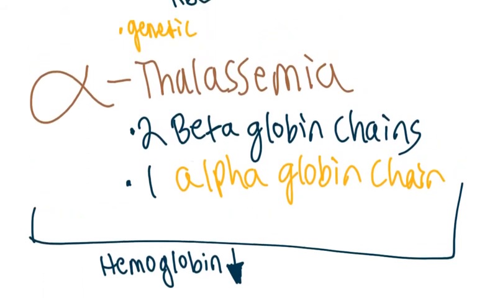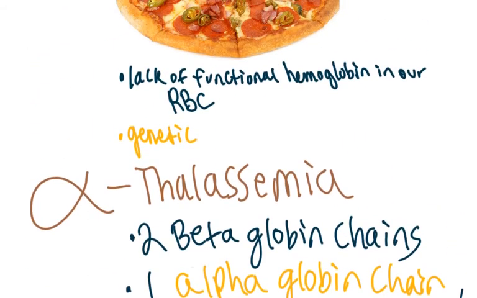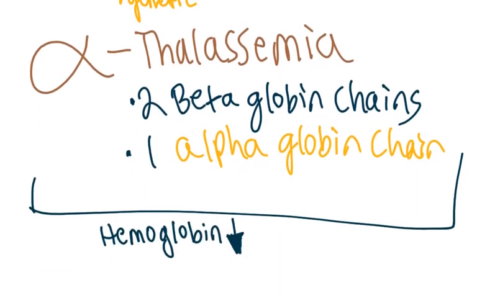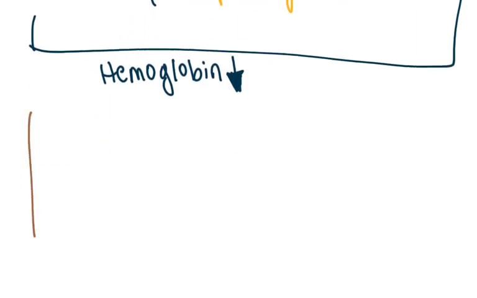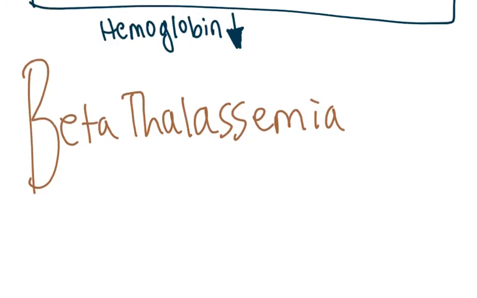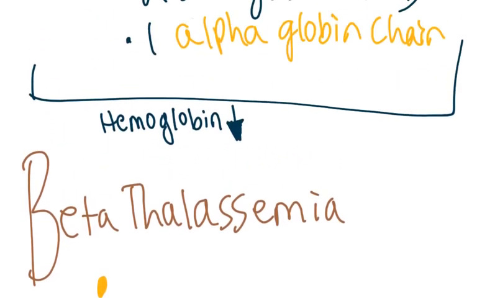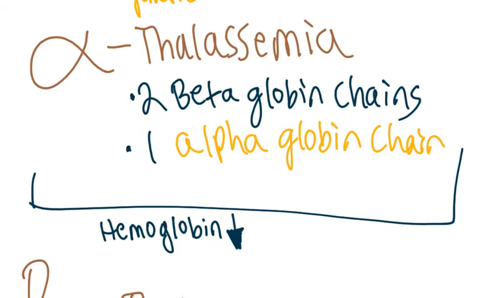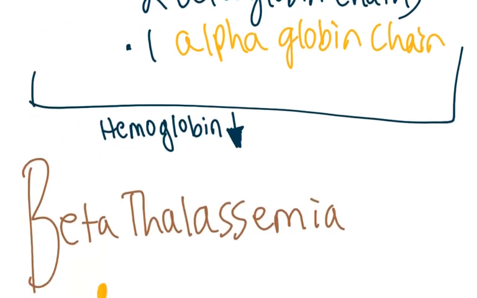And then there's another type, it's still genetic, but what we see is beta thalassemia. Let's go and finish writing this out. In beta thalassemia, guys, again we have a mutation in one of our genes in our DNA, which causes our genes to code for only 3 proteins, but this time we're going to be missing a beta globin chain, and we're going to have both our alpha globin chains.